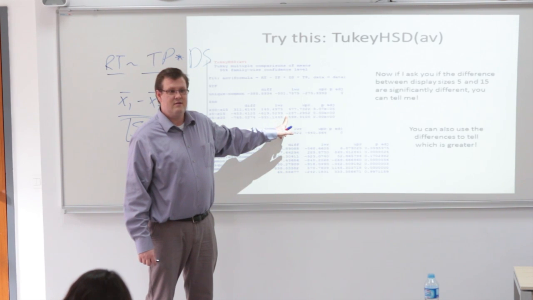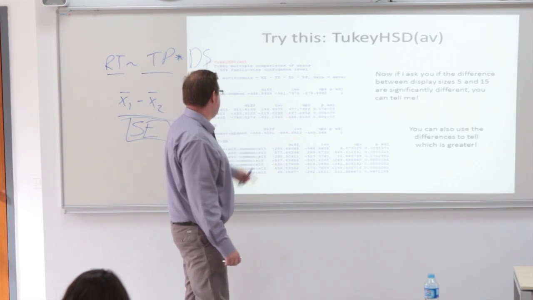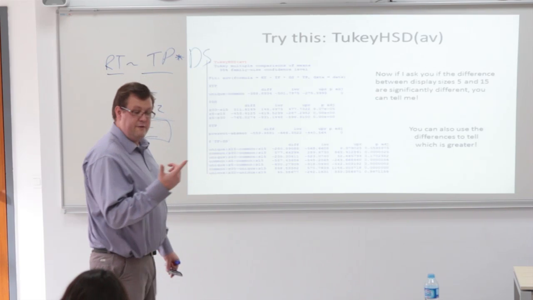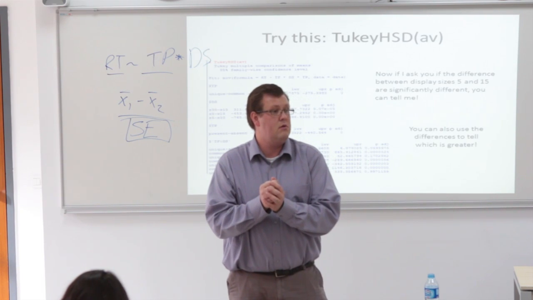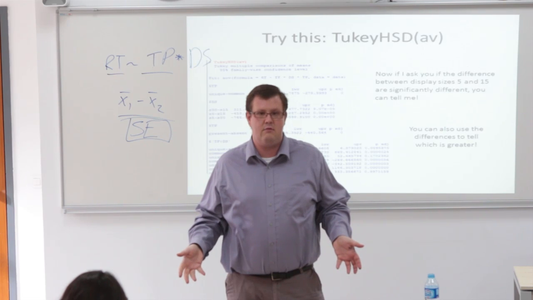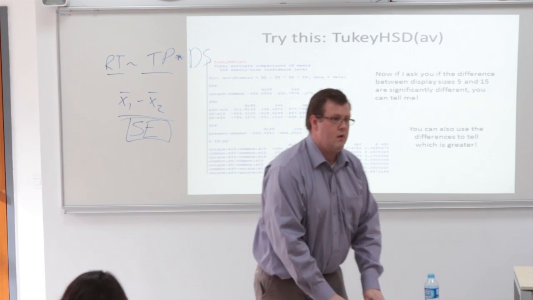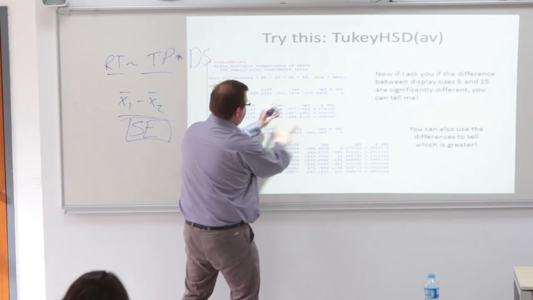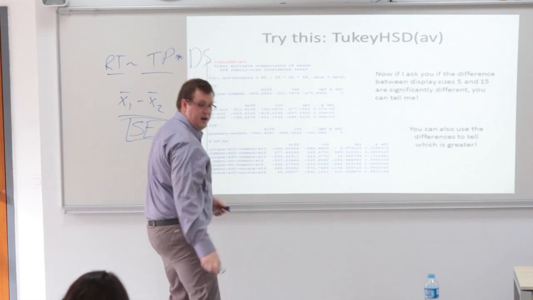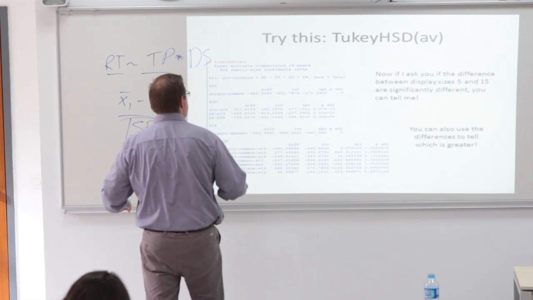If the confidence interval contains 0, then it wouldn't be significant, right? Does the confidence interval contain 0? Lower and upper should actually be flipped because I did it goofily until I fixed the data set.